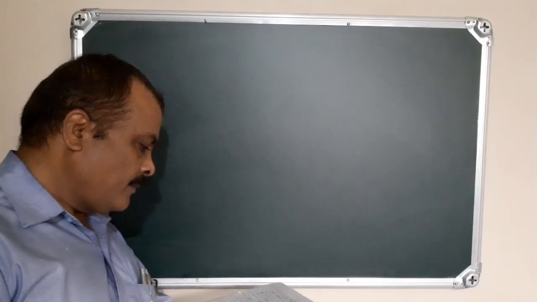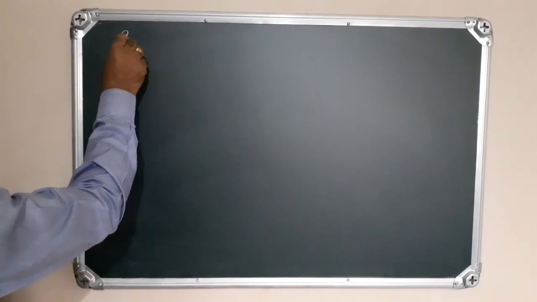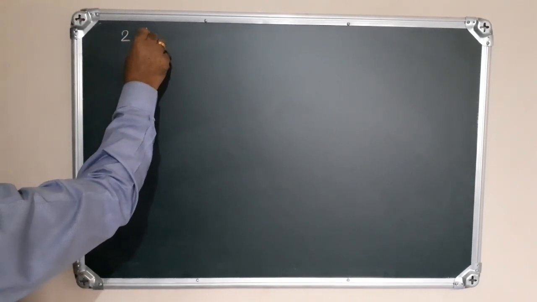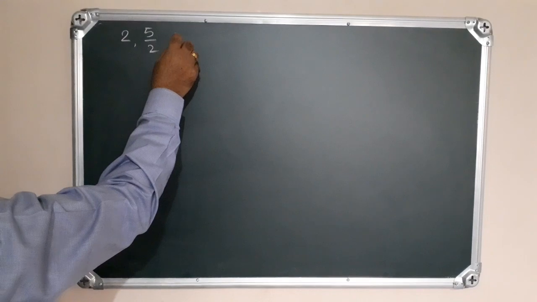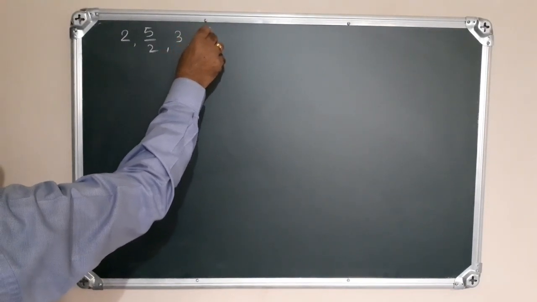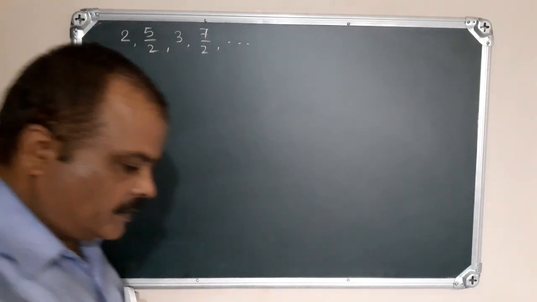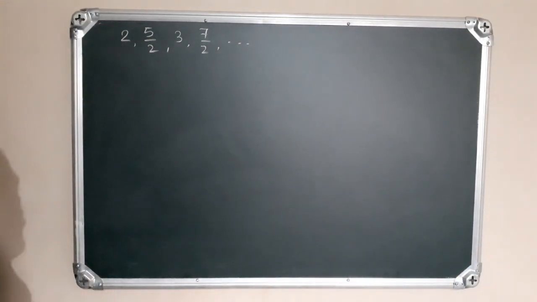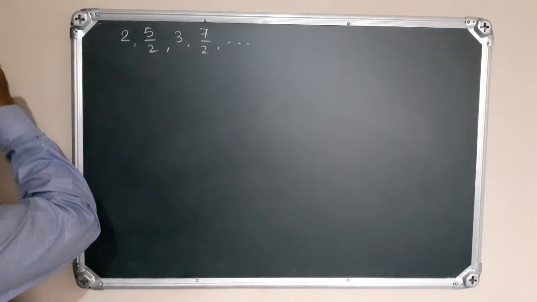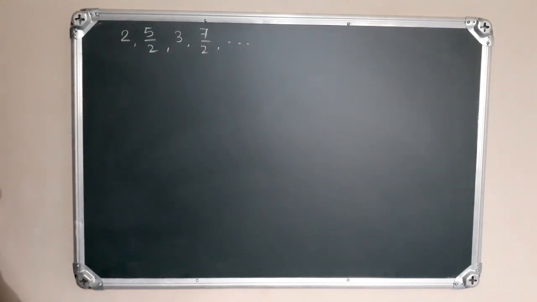First example, the sequence is given: 2, 5 upon 2, 3, 7 upon 2, and so on. So this is the sequence. We have to determine whether this sequence is an AP or not.